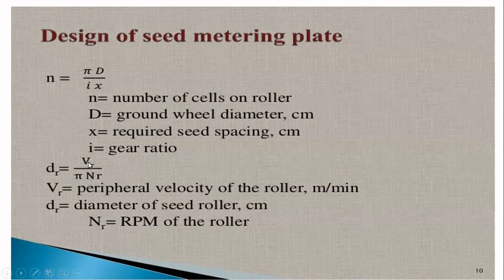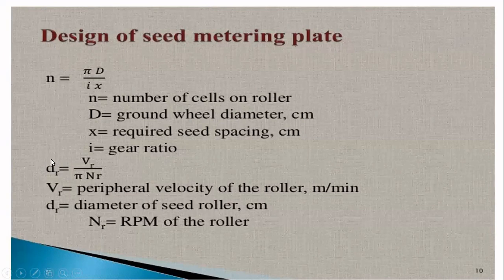Peripheral velocity needed, meter per minute. So number of revolution N_r. Pi into velocity of the particular disk is the disk diameter. This is the diameter of the seed metering disk.